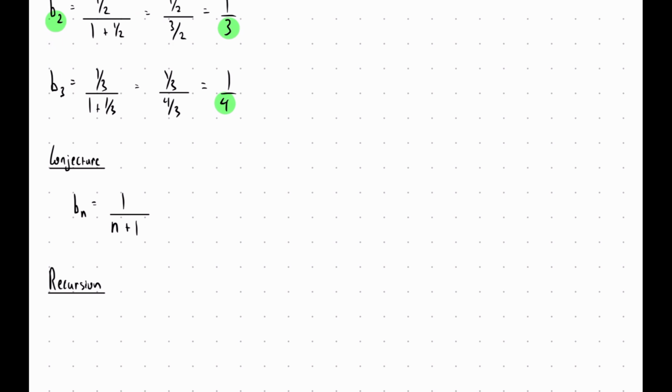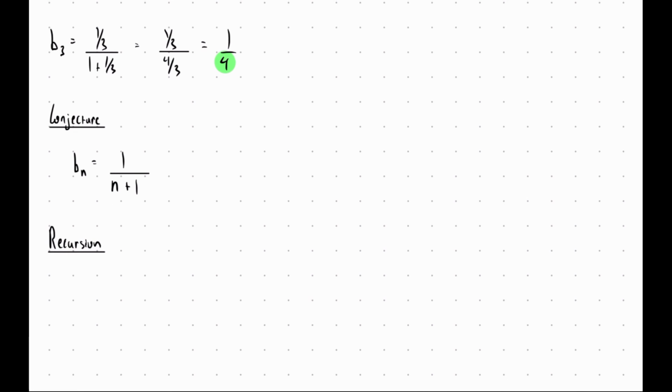So we have both: the recursion and the conjecture. And of course we can check one more step. B_4 is 1/4 over 1 plus 1/4, which is 1/4 over 5/4, and that's 1/5 right there.